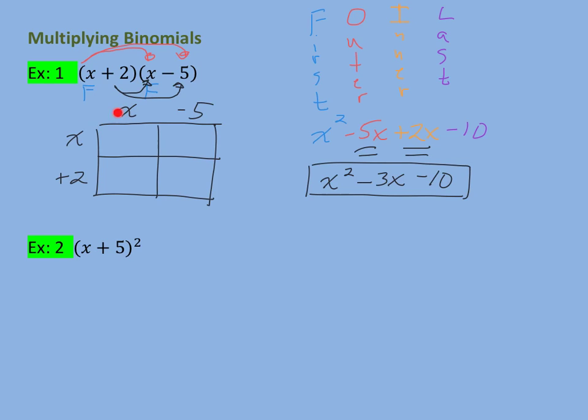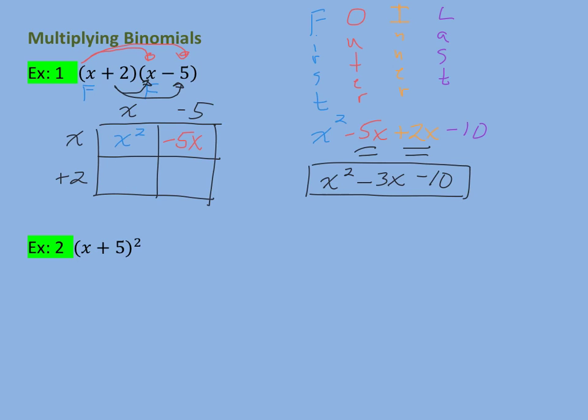This square is made up of x and x. So x times x is x squared. And then this square is made up of x times negative 5. So x times negative 5 is a negative 5x. This square is made up of 2 times x. That's where they intersect.